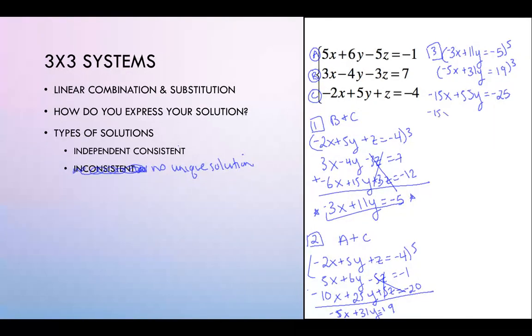Negative 15x, 31, 62, 93, plus 93y, that's fun, equals 57. 10 times 3 is 30, 9 times 3 is 27, and add them. Okay, so I'm going to subtract because I need these two to cancel. My x's, subtract. So 55 minus 93, what's that?